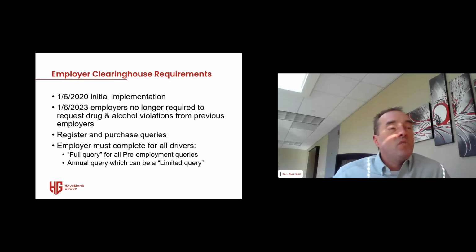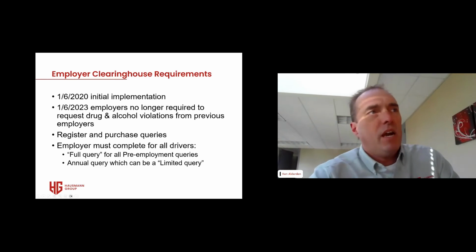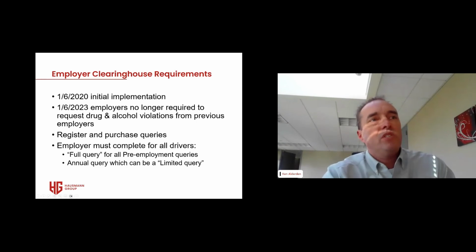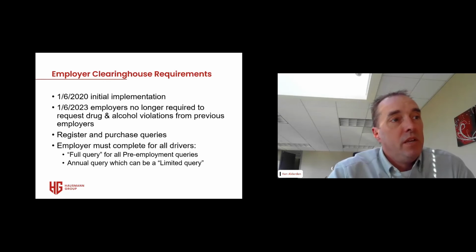Prior to 2023, you actually still had to go back and ask employers if there was any negative drug testing associated with them. As of January 6th of this year, you no longer have to ask the previous employers if they had any drug and alcohol violations, because you get it all from the Drug and Alcohol Clearinghouse. To do that, you have to register with the clearinghouse.